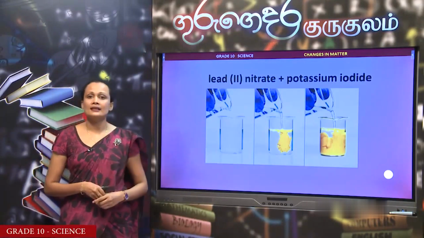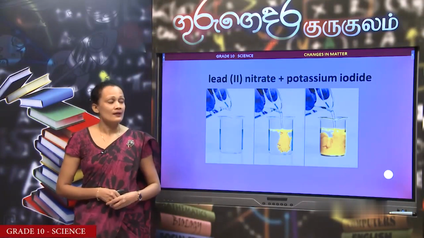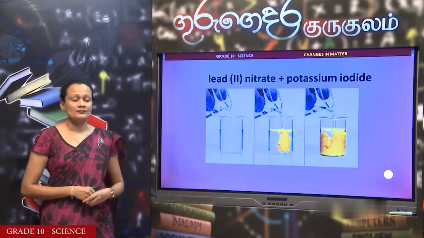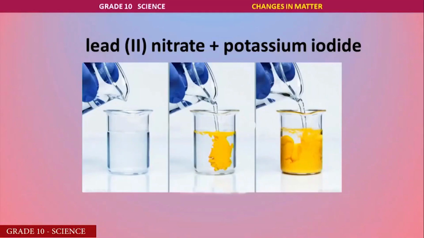Now let's see another activity. Here, lead nitrate and potassium iodide are used. Both lead nitrate and potassium iodide are colorless solutions. And if I pour lead nitrate into potassium iodide, a chemical change occurs.